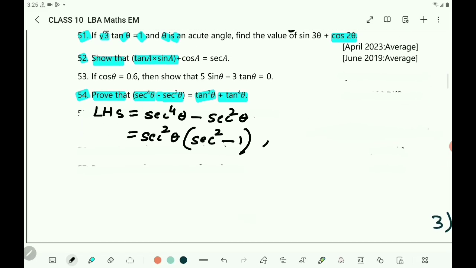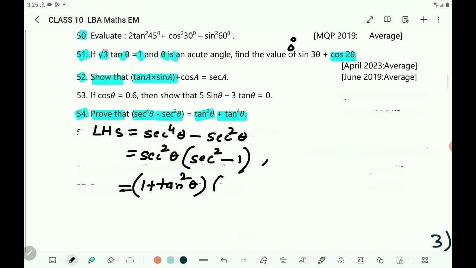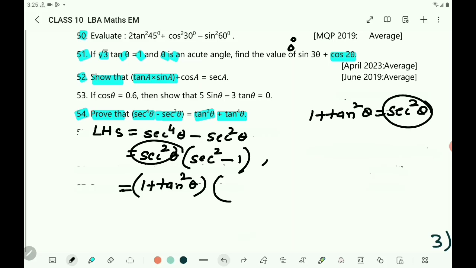Then next, express secant square theta as 1 plus tan square theta. Then secant square theta minus 1 is tan square theta. Here you know that 1 plus tan square theta is secant square theta. Means we have taken secant square theta as 1 plus tan square theta.